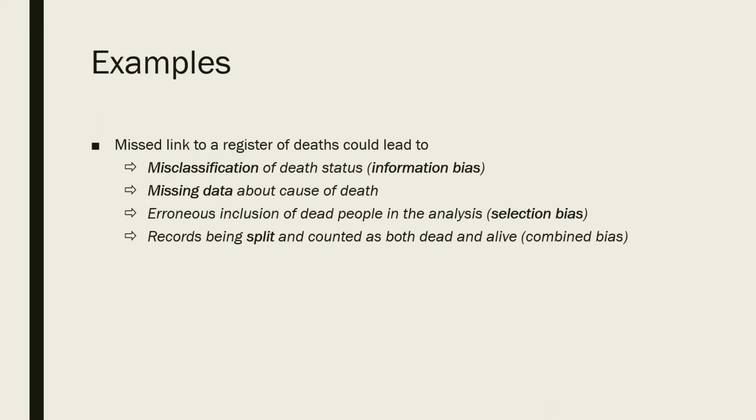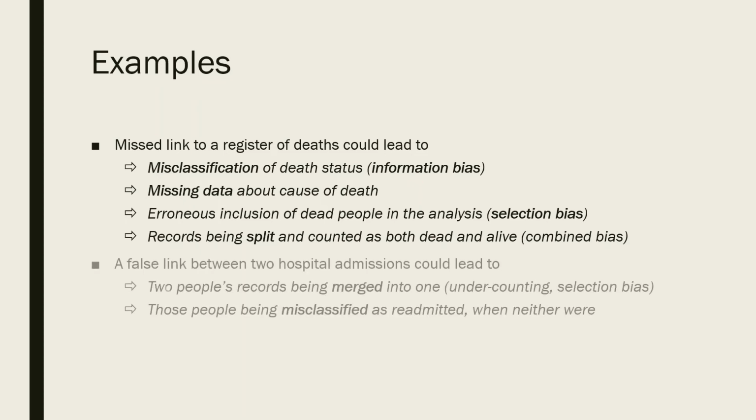There's some examples here of how a missed link to a register of deaths, depending on the study design, could lead to misclassification of death status, which leads to what epidemiologists call information bias. It could lead to missing data about cause of death. It could lead to erroneous inclusion of dead people in your analysis that's only meant to include living people.